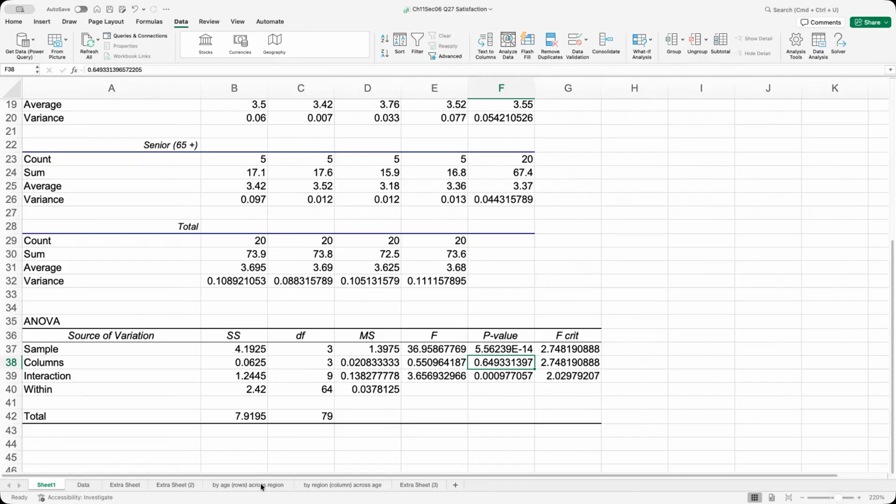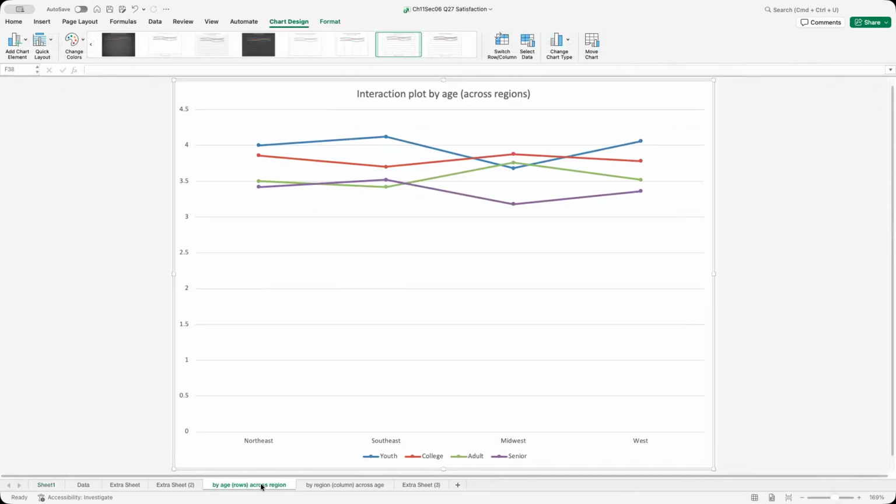This is average by region. But I see 4 different graphs here because those graphs represent the age groups: youth, college, adult, and senior.